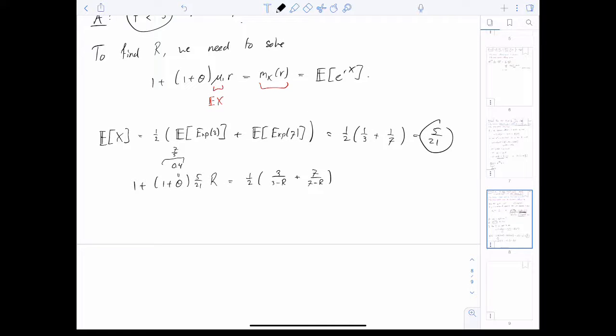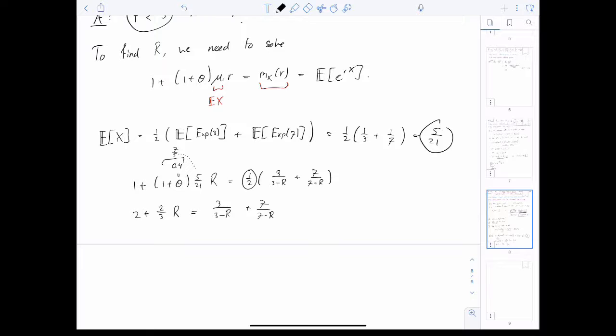If we multiply both sides by 2 to get rid of this fraction, then we get 2 plus, working this out, this 5 here cancels against that 5, so we have 7/21, which is 1/3, multiplied by 2, so that's 2/3 times r, and this equals 3/(3 minus r) plus 7/(7 minus r).